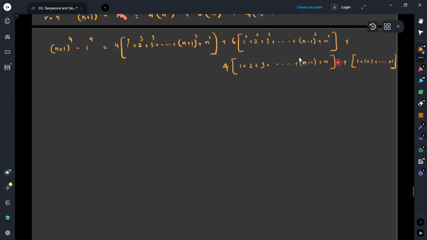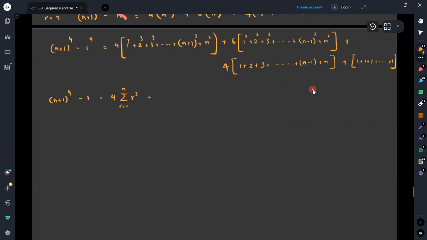Now we will try to simplify these quantities according to the previous results that we have obtained. We can substitute them as well. On the left hand side of the equation, we will get n plus 1 to the power 4 minus 1 to the power 4 itself equals 1. Then, instead of 1 cube plus 2 cube plus 3 cube up to n cube, we can substitute the summation of r cube, where r is going from 1 to n.